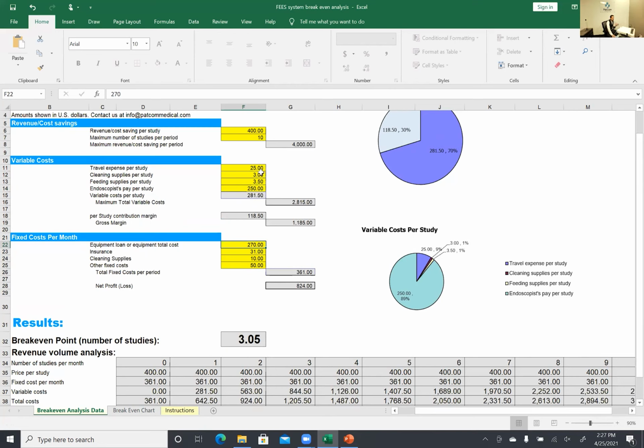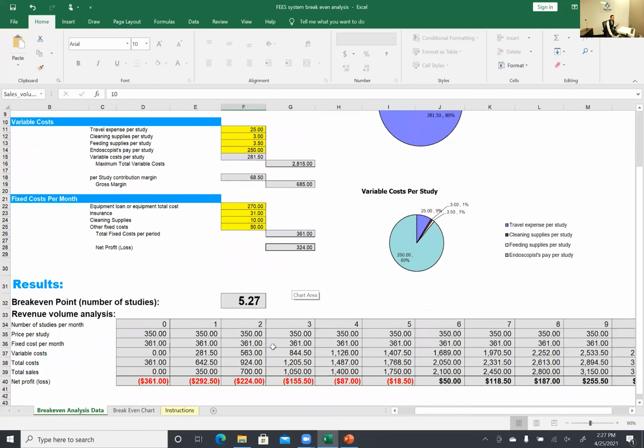And this way, you can again play with these numbers as they change. What if you say, hey, I need several contracts and I want to be competitive and I can only charge $350? Well, your break-even point goes up, right? It's 5.27, so 6 studies per month to reach that break-even point.